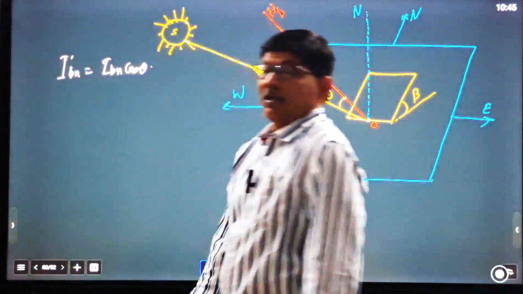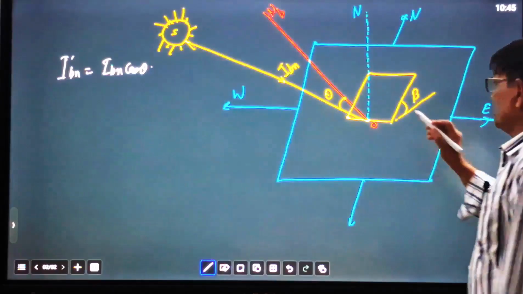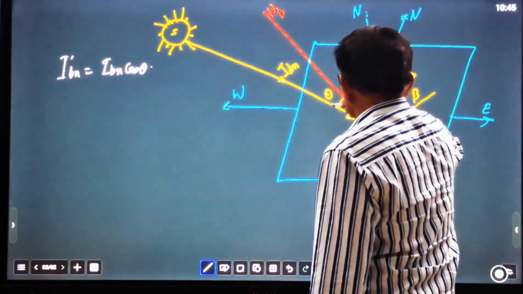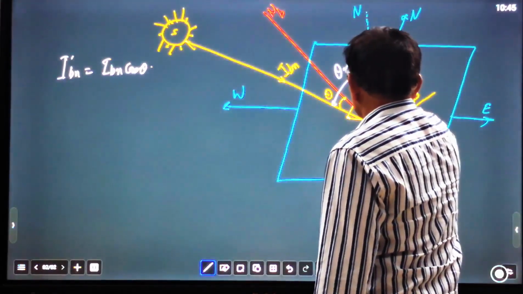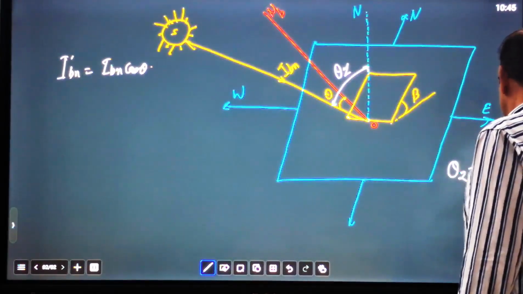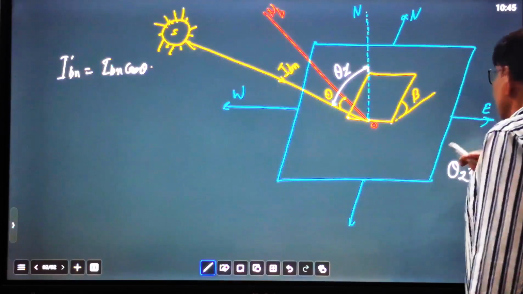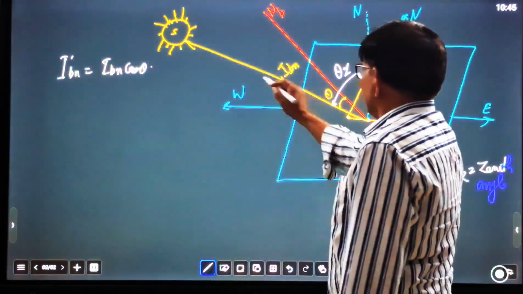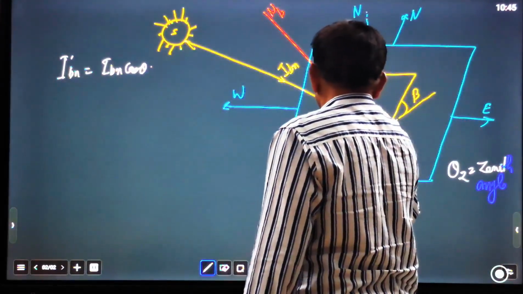I_BN cos theta. Other angles we have to define here. This is theta, and this one is theta z, the zenith angle. Theta z is known as the zenith angle. Now the projection of this beam along the horizontal surface will be like this.